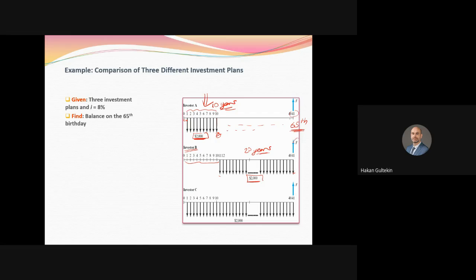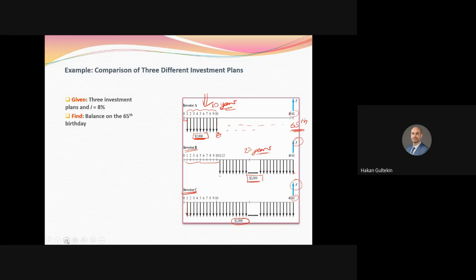And again, we will find what will be the accumulated value at the end of this 41st year. As the third alternative, immediately at the end of this first year, we will start depositing an amount of 2,000, and we will continue to do this until our 65th birthday for 41 years. And we will try to find what will be the future amount of this.